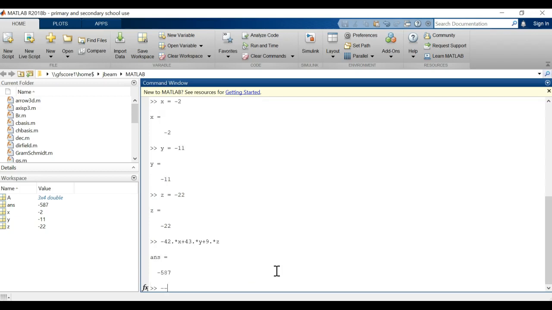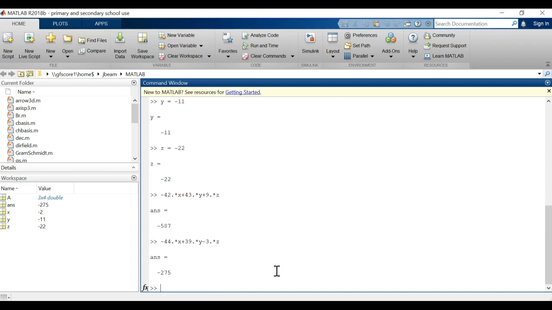And then in the third equation, if I take -44 times x plus 39 times y and -3 times z, this should give me -275, and there you go.